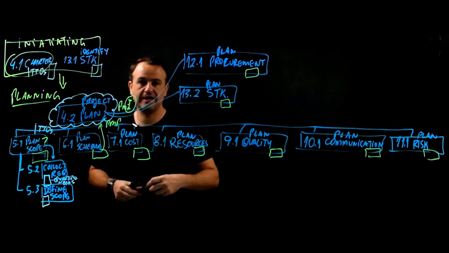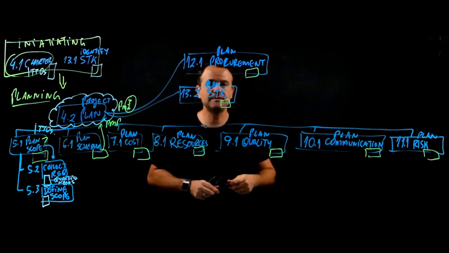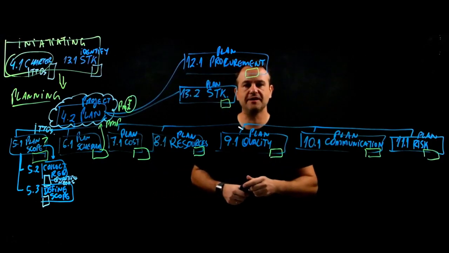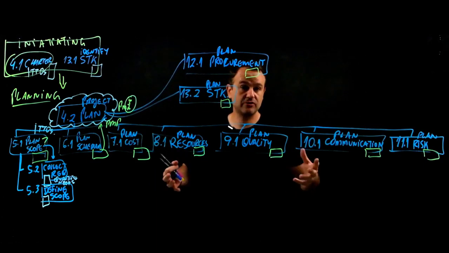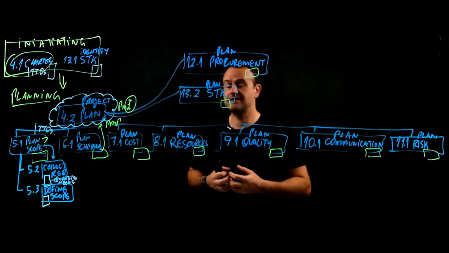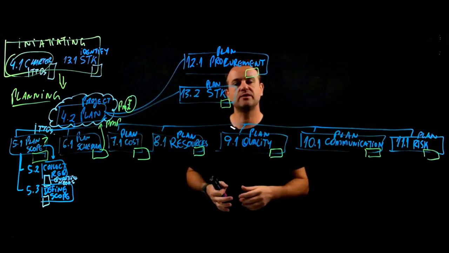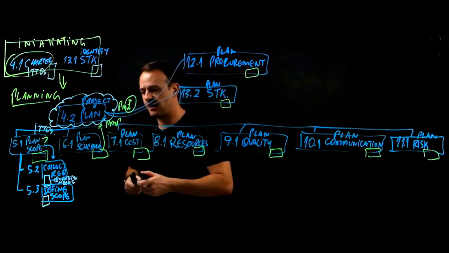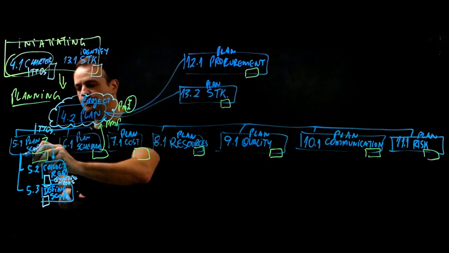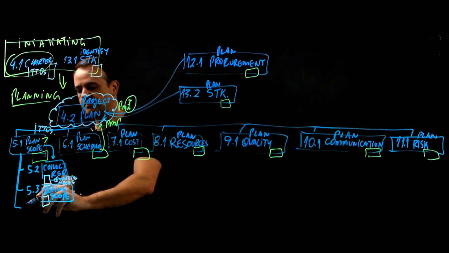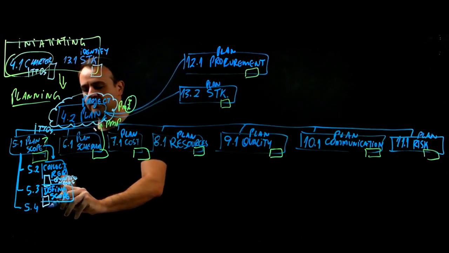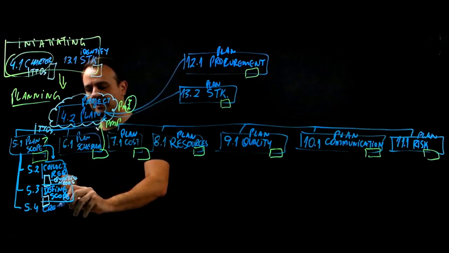So we are going to create what we call the project scope statement. It is a statement of work or something like this, describing the deliverables, what we are going to do in this project. And a very useful tool, our next process, 5.4, is to create a WBS.